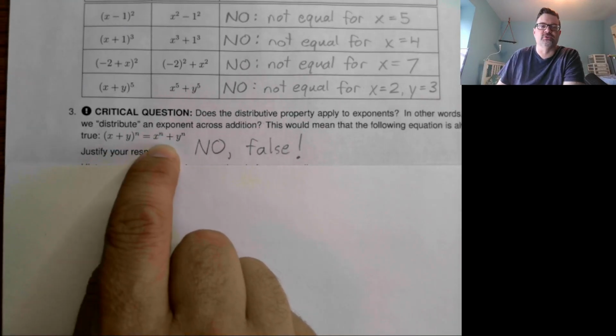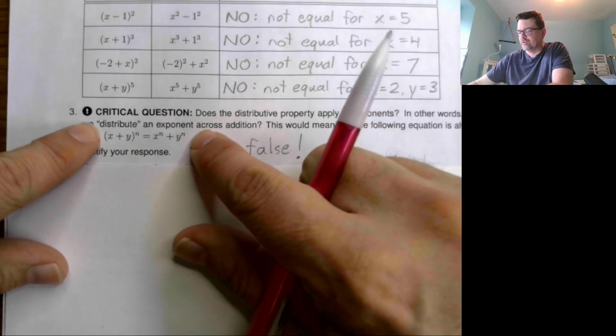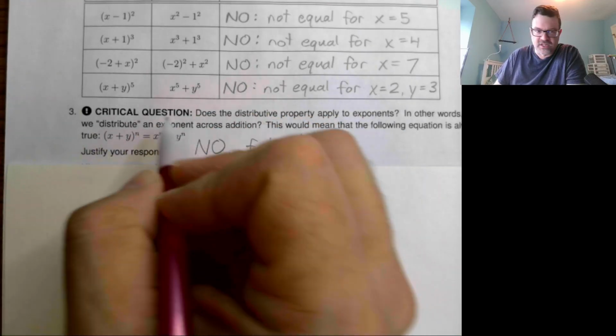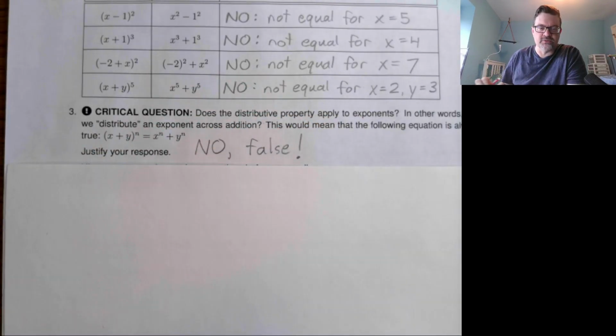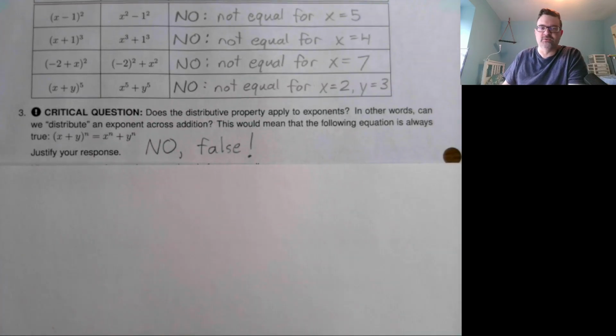That is not a true equation. It's the kind of thing that I'm hesitant to even put before you because I'm afraid you'll remember this and think, oh yeah, I can do that. But no, those guys are not equal to each other. You cannot do that. Exponents don't distribute is essentially what we're saying.